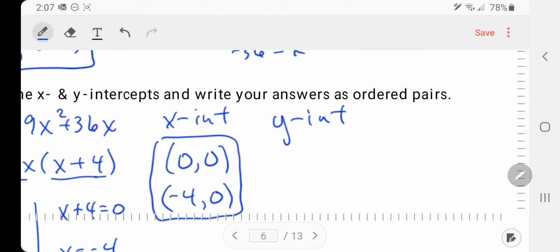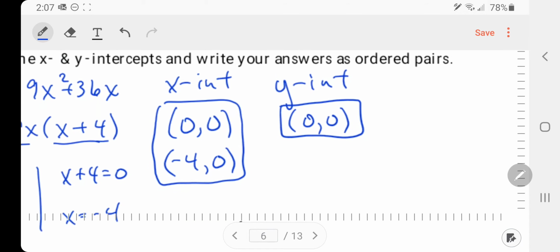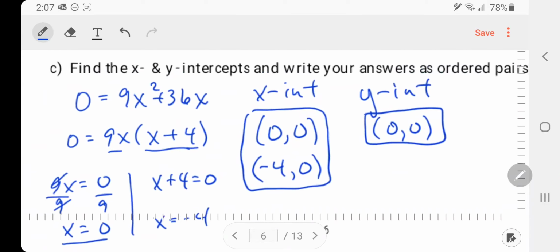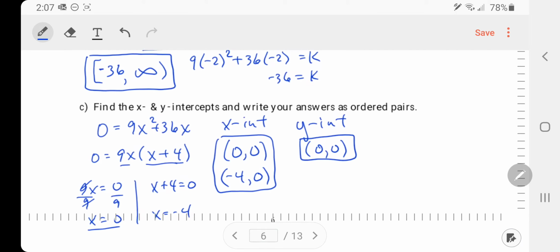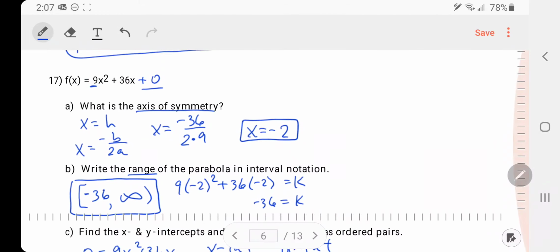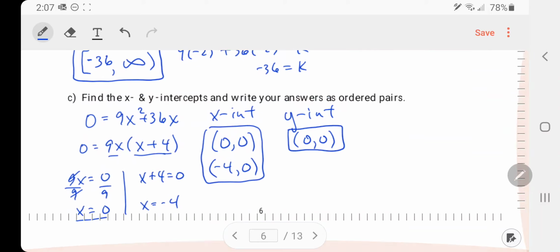And so that tells us the y-intercept is going to be at the origin, because the y-intercept is always at the constant or the value of c. There's number 17, done. Next page.